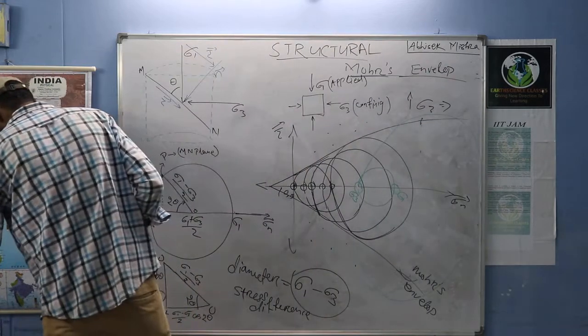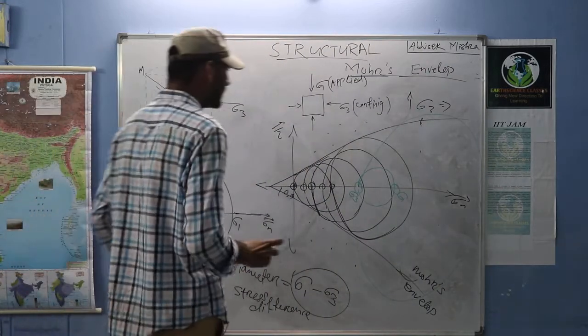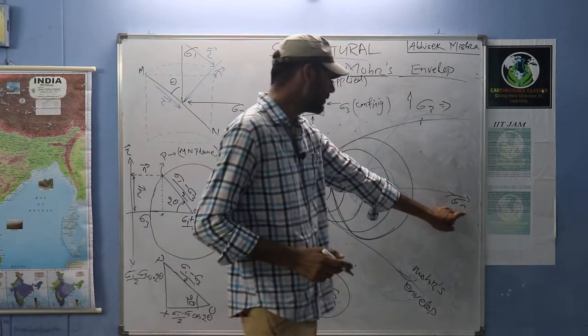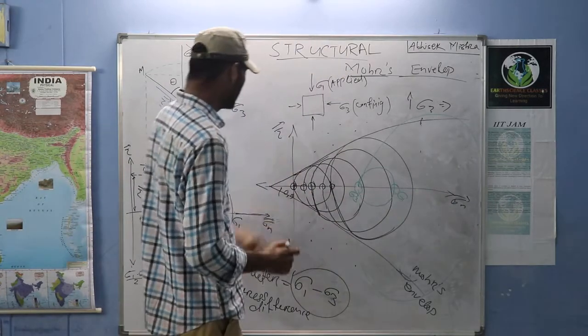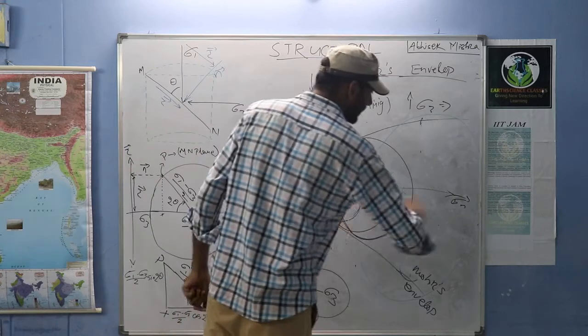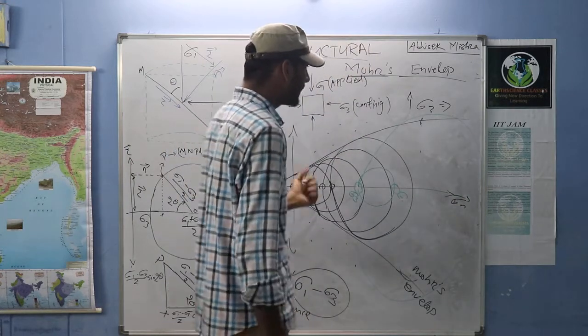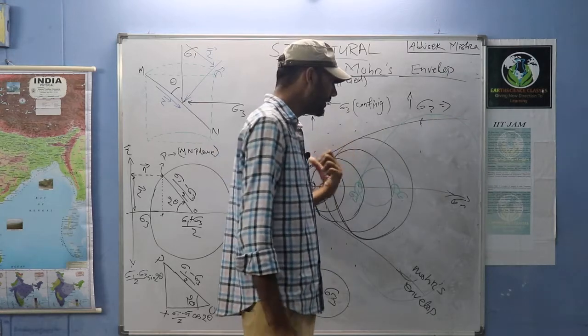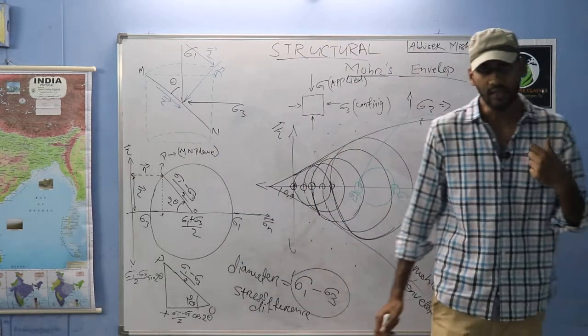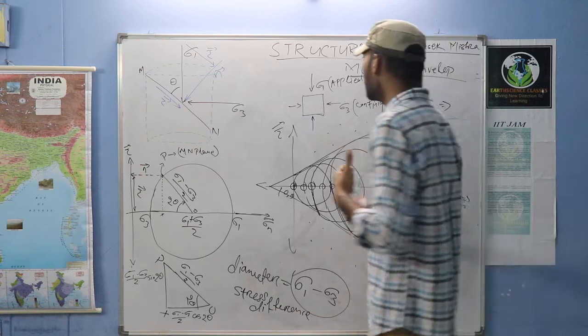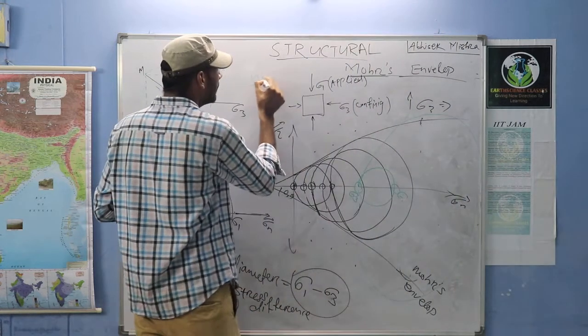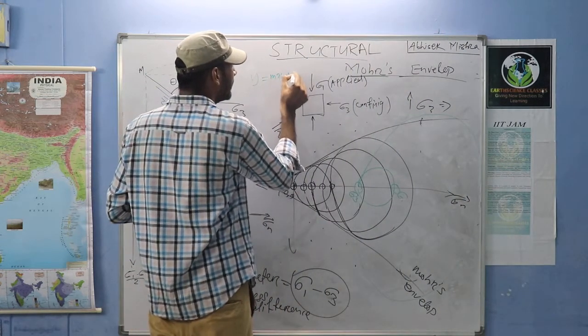Then how do we find the equation of this Mohr envelope? As I have told you, this is your normal stress, this is your shear stress on the y-axis, and this is on the x-axis, that is normal stress. So the equation of a straight line, you can see this is a tangent line in 2D. The equation of a line is y equals mx plus c.